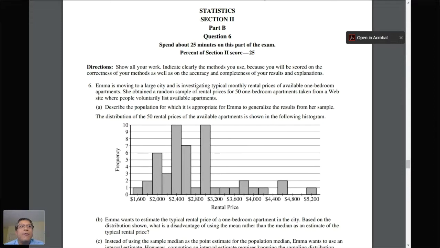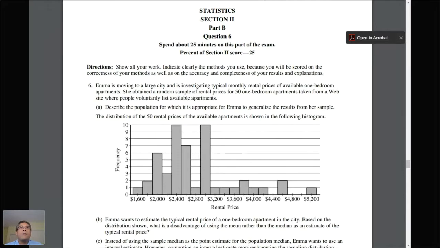Basically, what the mean does is it takes all the numbers into account. Sometimes we like that, because we use the mean in a lot of our computations when we do significance tests and confidence intervals, since it takes the entire distribution numerically and mathematically into account. But if we want to really know what people experience, if we want to know what the typical middle number is, we really should use the median.